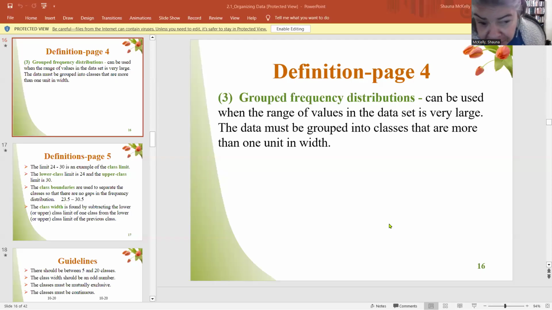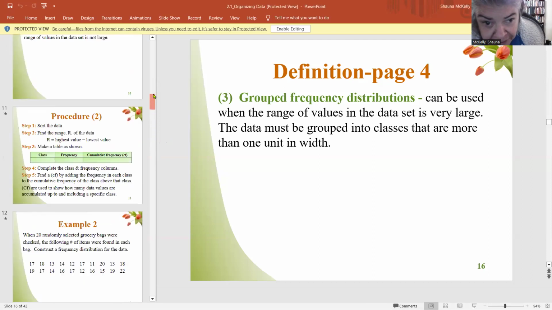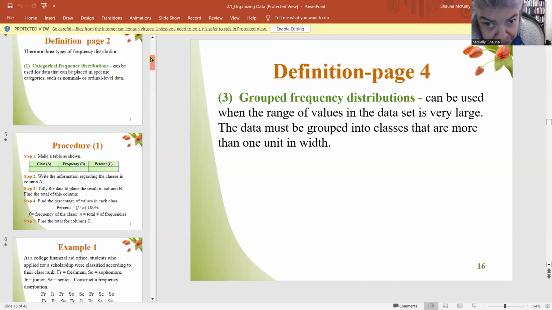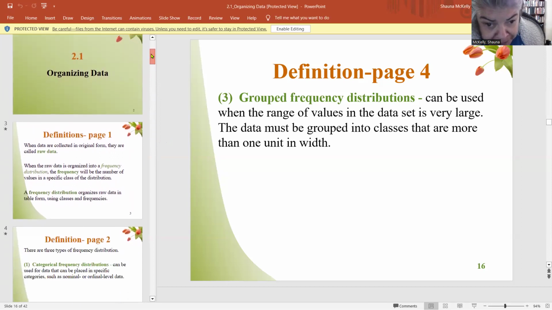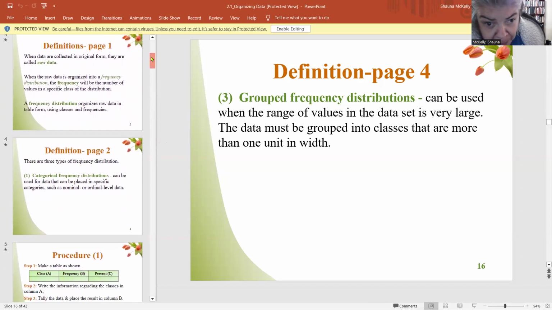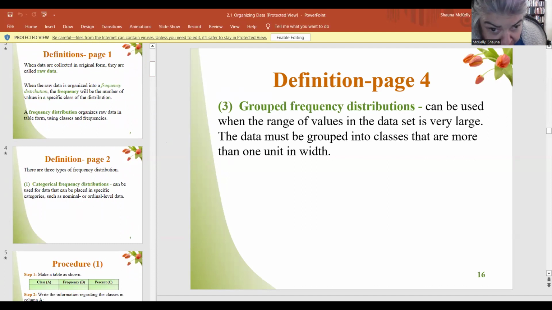Section 2.1 deals with what we call frequency distributions. And those basically are ways of organizing data when we have it. The first thing you want to pay attention to in the section is, yes, we have rules for putting the frequency distributions together, but we need to know what type of distribution we're looking at.